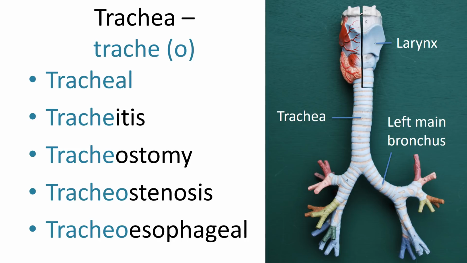Tracheostenosis will be a narrowing of the trachea. For example, if someone inhales hot gases, there can be an inflammatory reaction within the trachea, causing swelling, occluding into the lumen of the airway of the trachea. There would be a tracheostenosis.